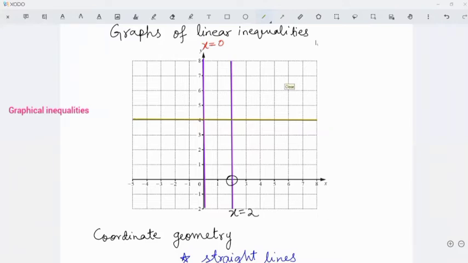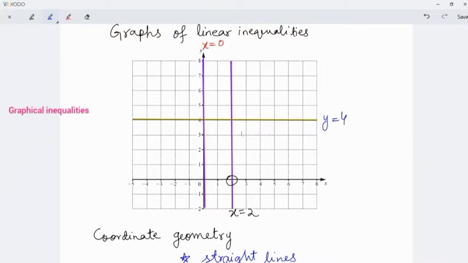What is the equation of this line that is passing through the y-axis at point 4? Yes, you're right. You all are right. So it is basically y equals 4. Okay, that's fine.